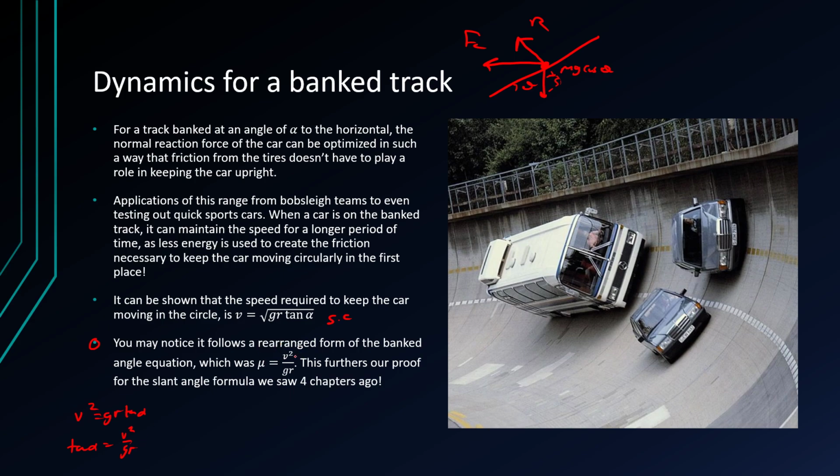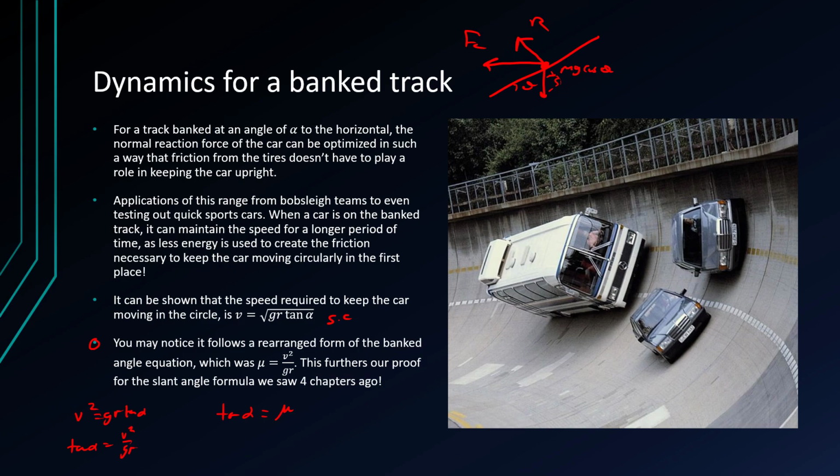But mu is also v squared over g r. So we can say that tan alpha, if you remember, is less than or equal to mu. But for it to be stable, tan alpha can equal mu. So it's a nice handy relationship between a horizontal circular motion and a vertical circular motion.